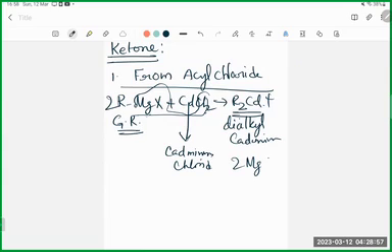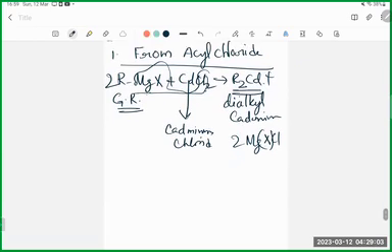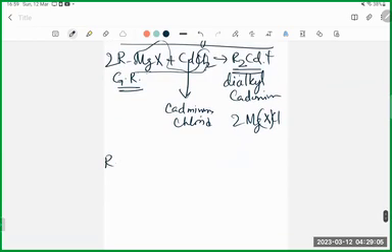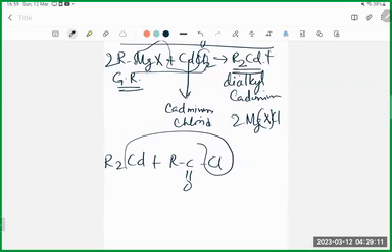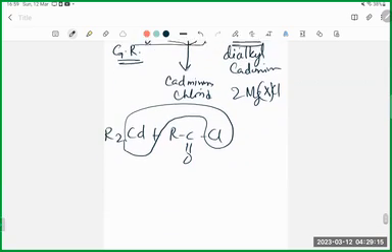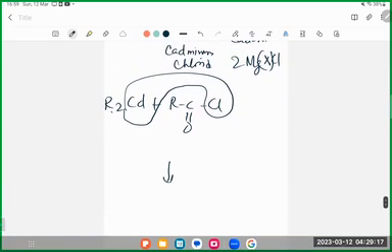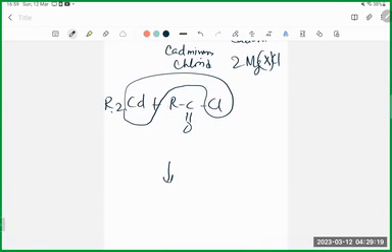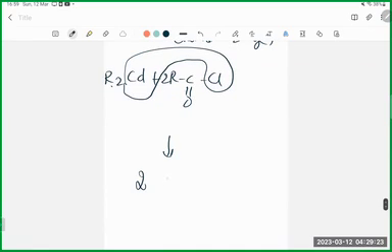So we get MgX and Cl as the adduct product, which goes out. So we've got R2Cd. Then R2Cd is treated with RCOCl. CdCl2 will go out and this R will come over here. So this also will be taken in 2 moles.